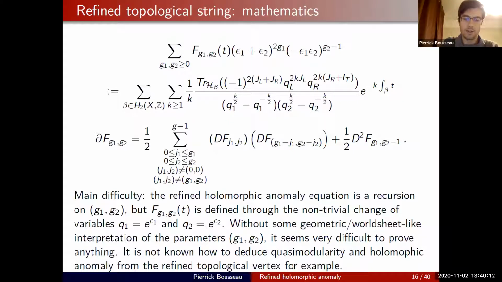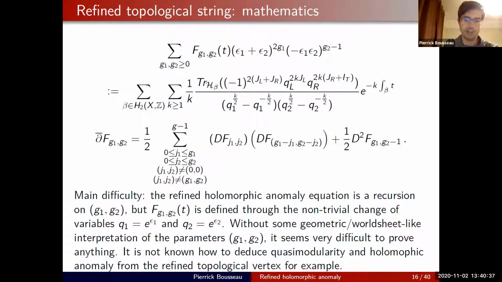And so without some geometric or worldsheet-like interpretation of these parameters G1 and G2, it seems very difficult to prove anything. For the ordinary topological string, the genus G is a genus, and so it has a clear geometric meaning. Going genus by genus means looking at Riemann surfaces of a given genus. But here it is not clear what it really means to consider F_{G1,G2}.